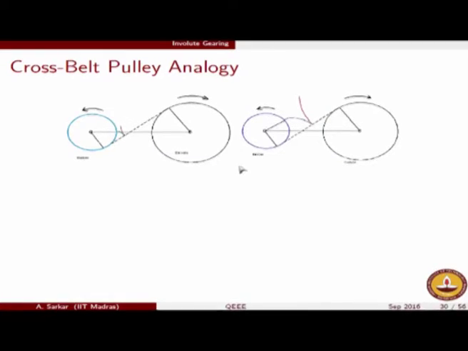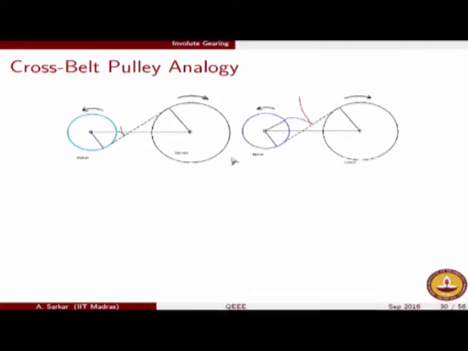Okay. Here is a very important visualization, and again I will try to complement my lecture with a nice animation, but let us first do the lecture once and then we will spend some time looking at the animation. Here is what is known as a cross belt pulley analogy. As we stated without proof, involute tooth profiles are conjugate.